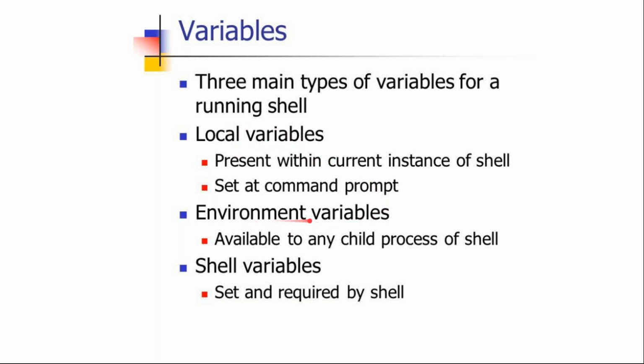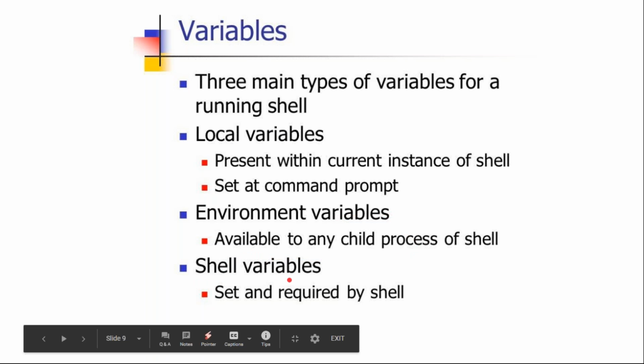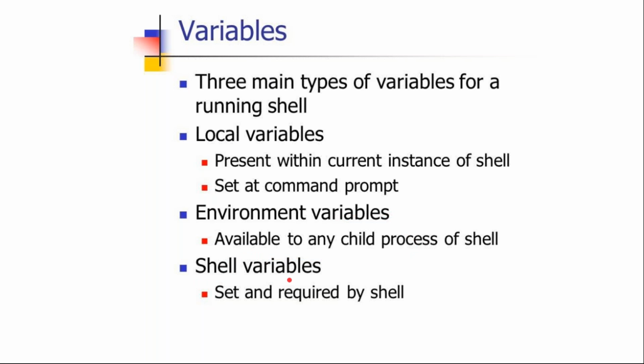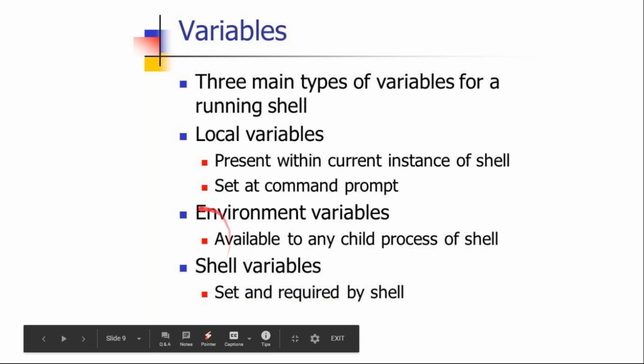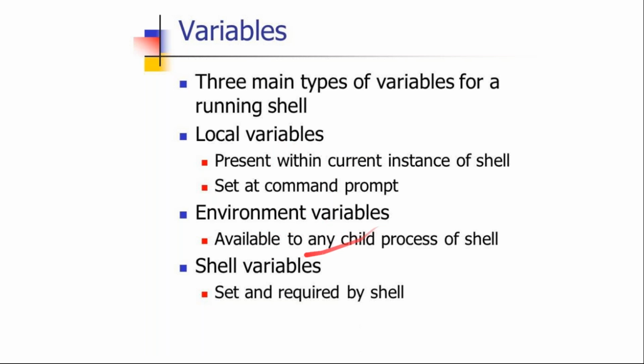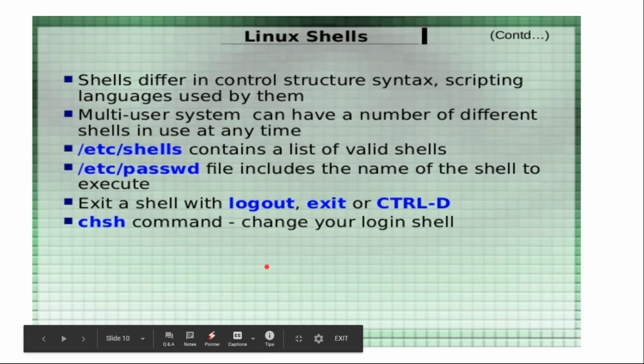One is system variables or environmental variables, which are always capital letters. And one is shell variables, that's for the shell requirements. Environmental variables and shell variables are a part of your system variables, and these are your user-defined variables. But in some books, you will get local variables, environmental variables, and shell variables.